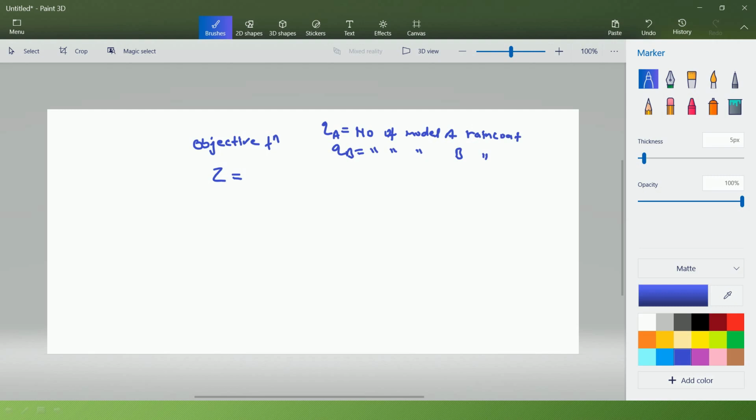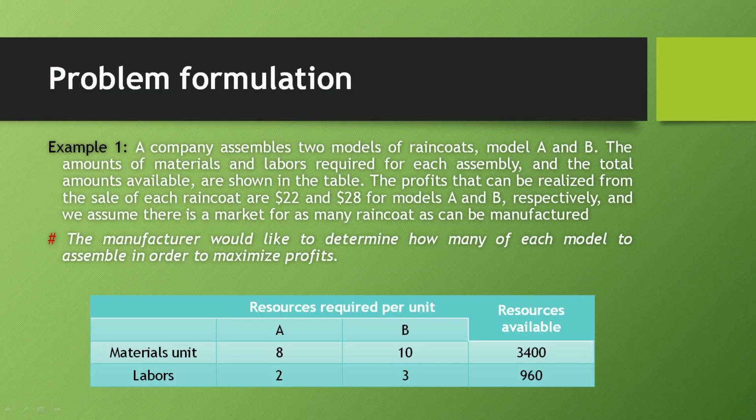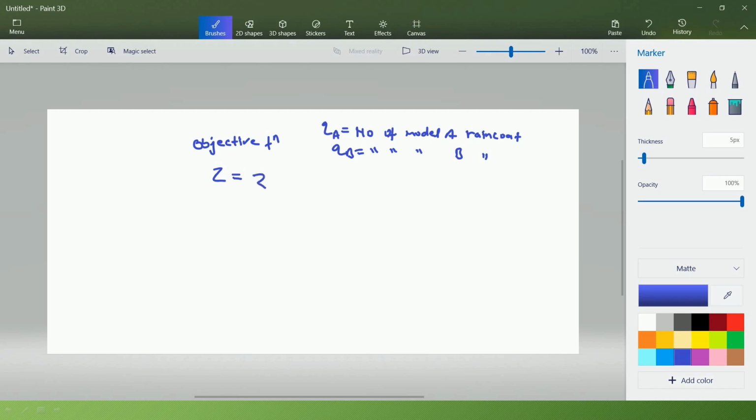As we are obtaining $22 from model A, we have $22 from model A plus $28 from model B. So this is our objective function.